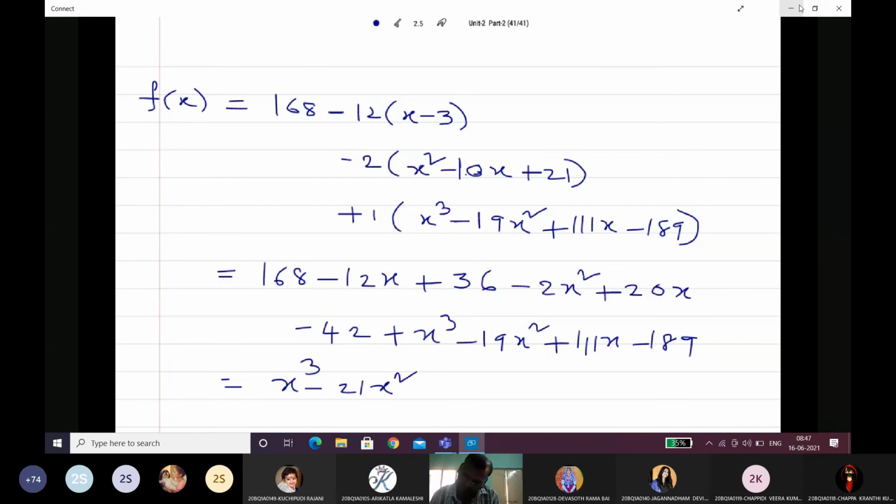The x terms: minus 12 plus 20 plus 111. What is the constant value? 168 plus 36 minus 42 minus 189. Minus 195, sir. 168 plus 36 minus 42 minus 189: minus 27.